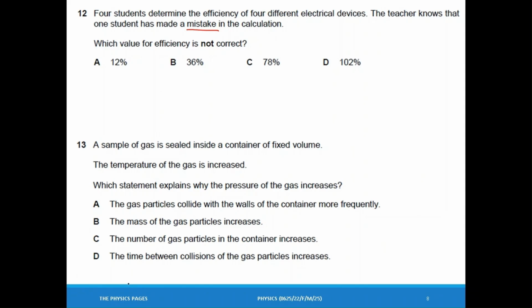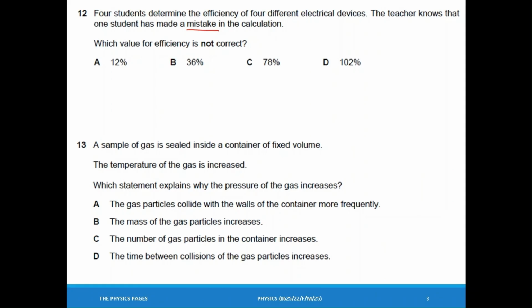Any real world device or appliance that we use doesn't have efficiency up to 100%. So if we talk about a real world situation, the efficiency is always less than 100%.